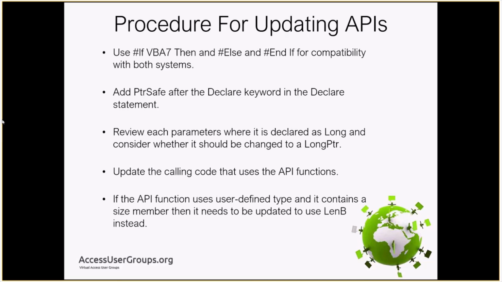And then we had the calling code structure, which was the Dim PtR example I gave you. You update the calling code that uses the API function. If it has variables that are Long but are used with LongPtr parameters or return values, those must be handled by declaring the #If VBA7.